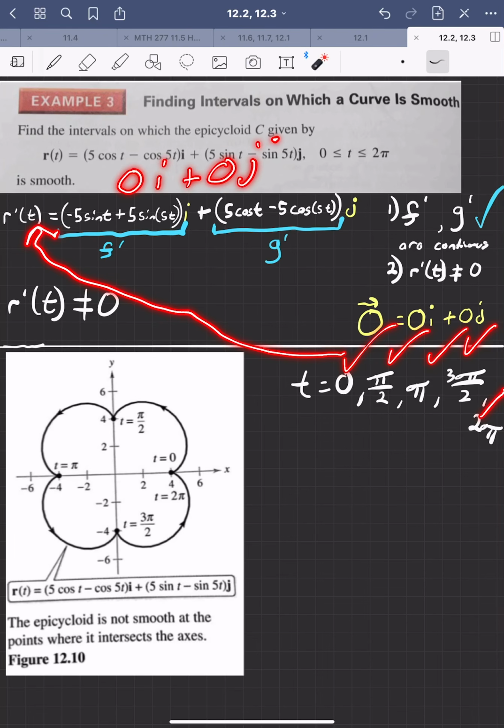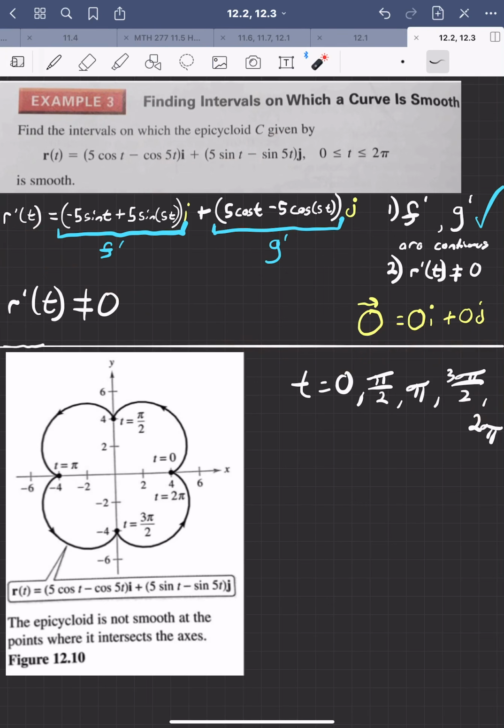That's what we just spent the last 10 minutes plus doing. That is the violation, right? That's the second criteria. So what you can expect is that when t is equal to these, you should not have a smooth point. Now let's look at the picture.